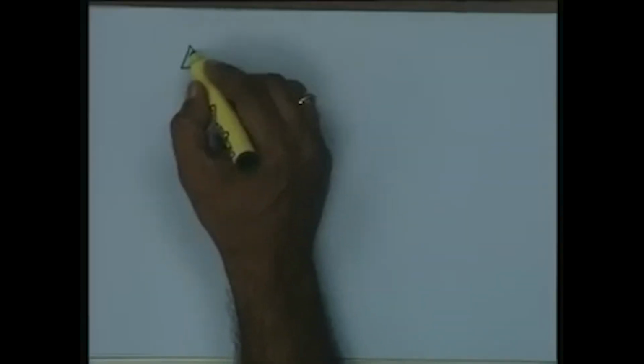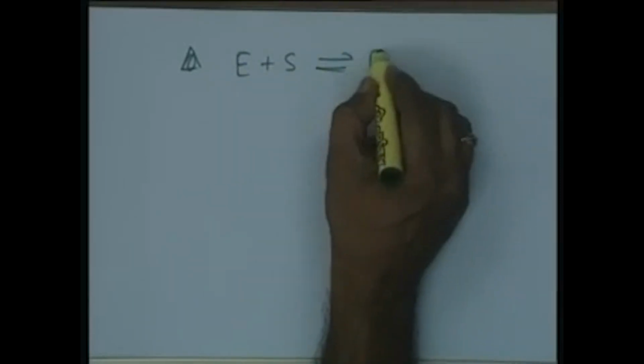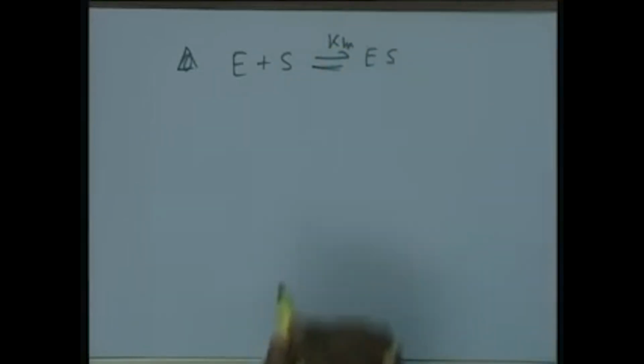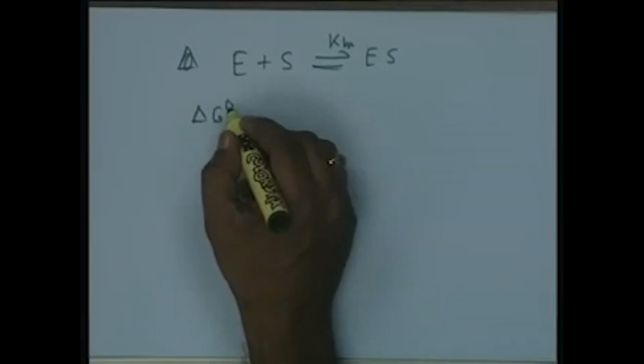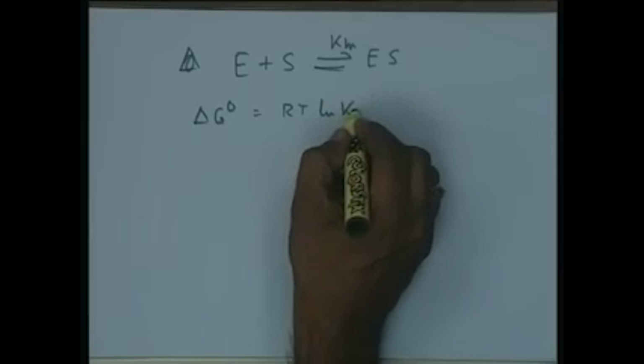Now, if you look at it simply by your classical Van 't Hoff equation for an equilibrium process, I am talking of the equilibrium process E plus S going to ES, with a dissociation constant of Km. Now, the free energy change will be equal to RT ln Km.